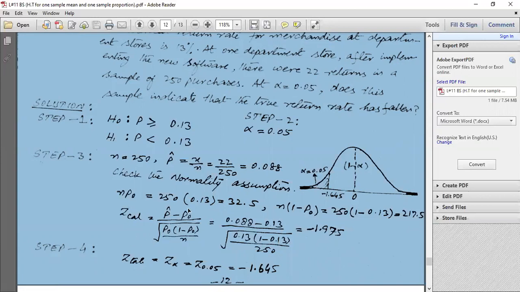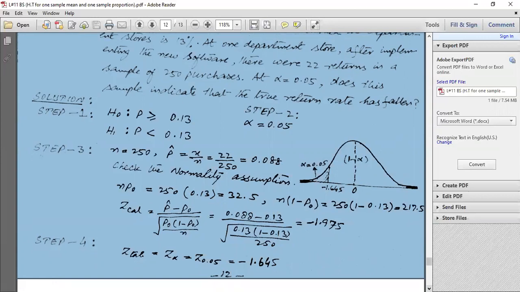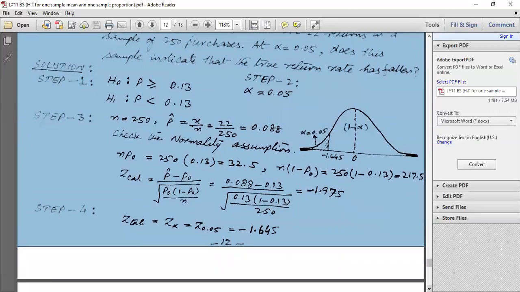Then we put all these values here, and then we will find the Z calculated. It is minus 1.975. Z tabulated from the table is minus 1.645. Minus is used here because it is a left tail test.